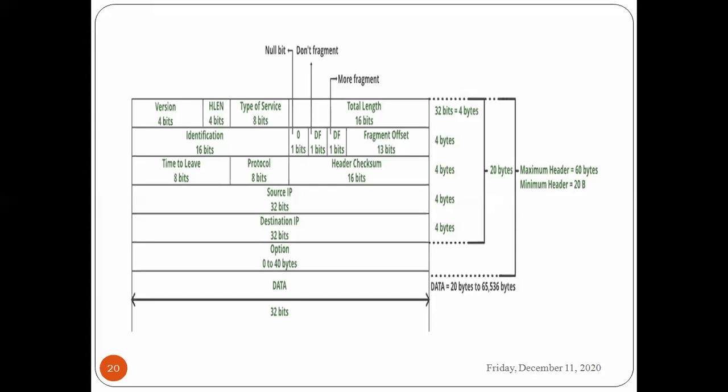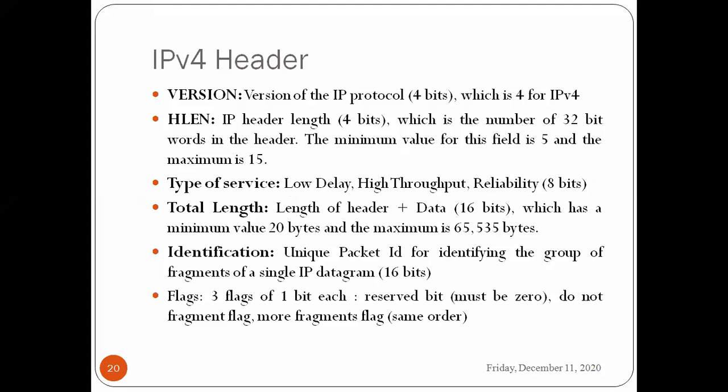We will see one after another, starting with the version. The version of which type we are going to use is the IP protocol 4-bit version, which is 4 for IPv4. Then the H length, that is the IP header length, is 4 bits, the number of 32-bit words in the header. The minimum value of the field is 5 and the maximum value is 15. The type of service, such as low delay or high throughput and reliability, is 8 bits.